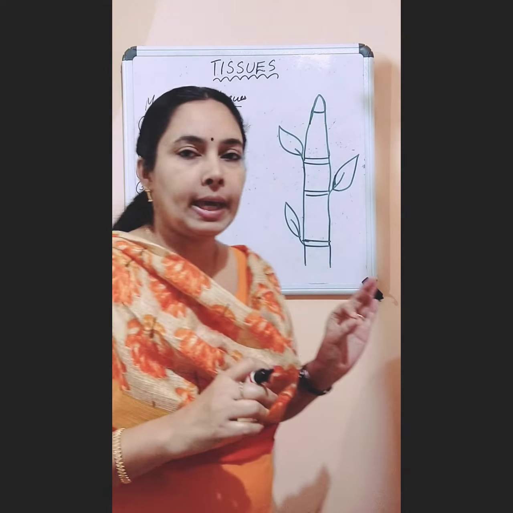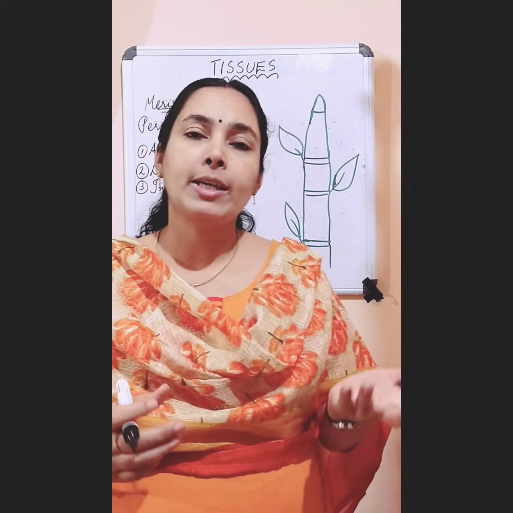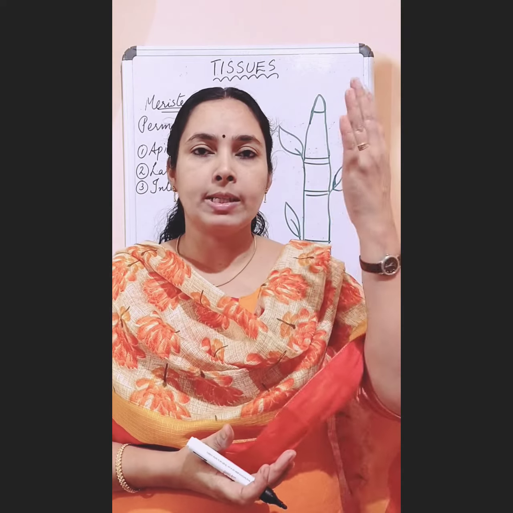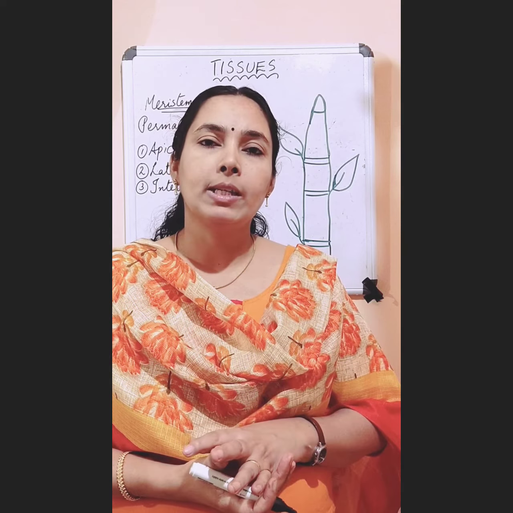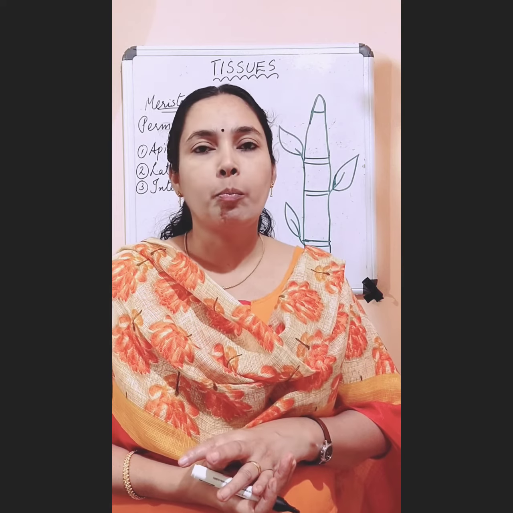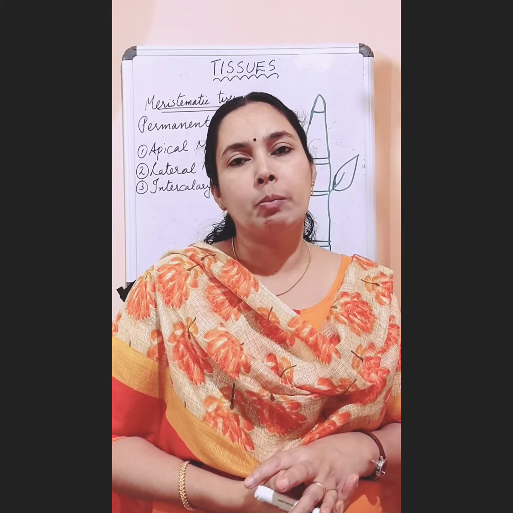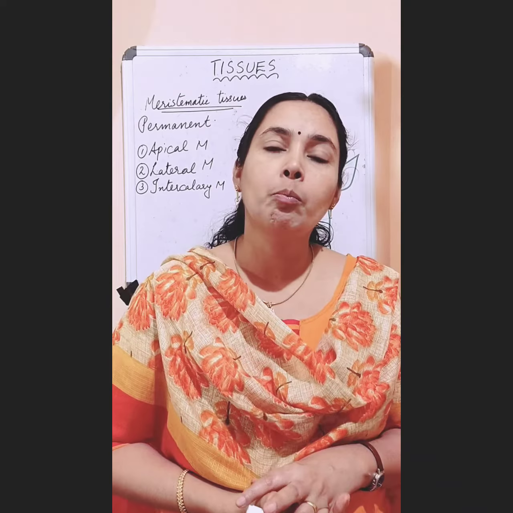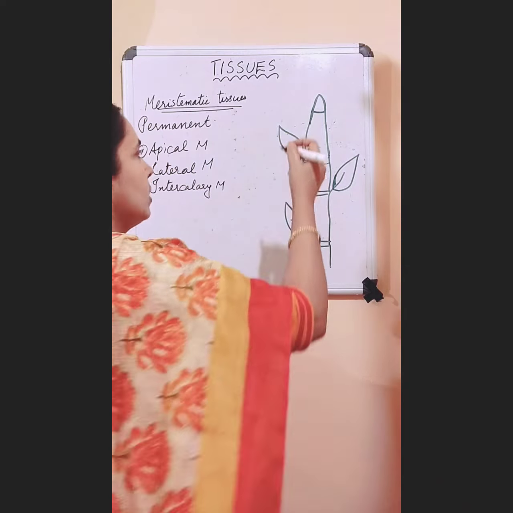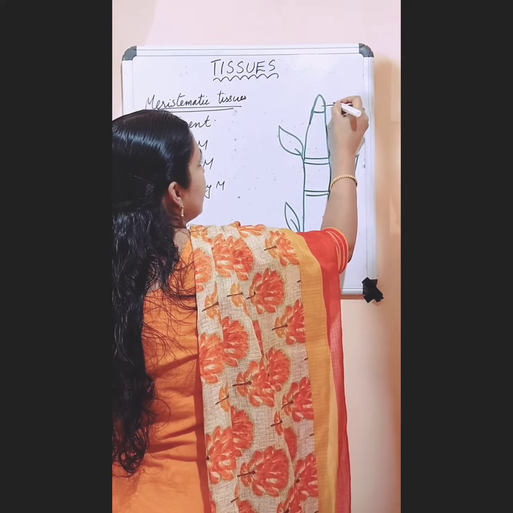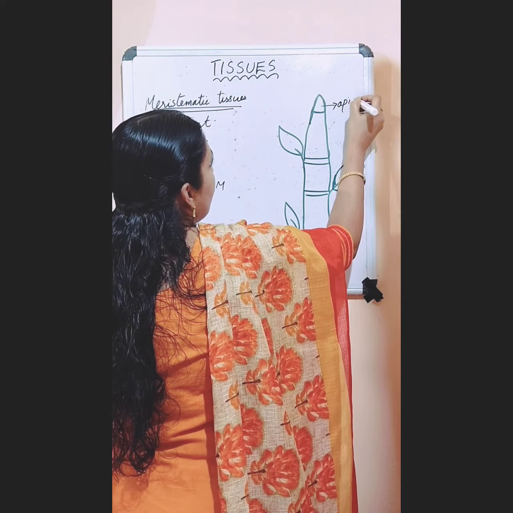So apical or apex means what? Apex means tip. So apical meristem is present at the tip of root and stem. Okay, so apical meristem is present at the tip of a root and stem. So here at the tip we can see apical meristem.